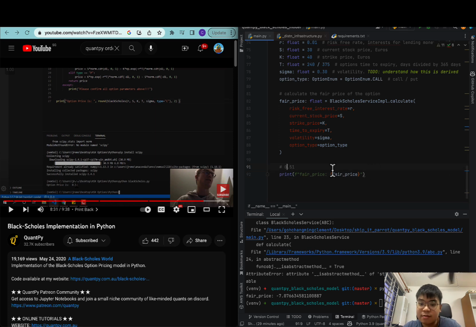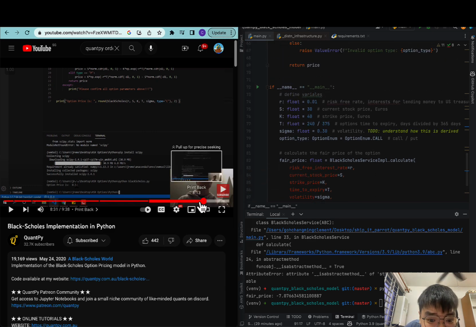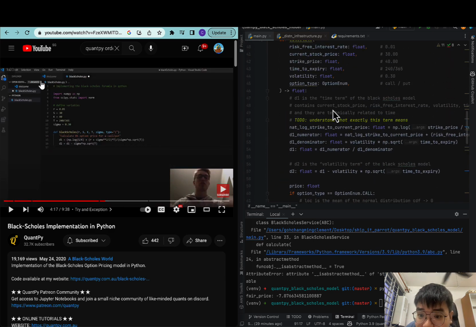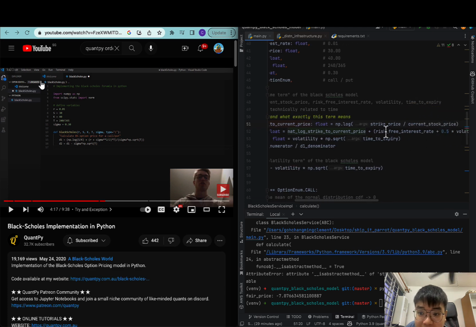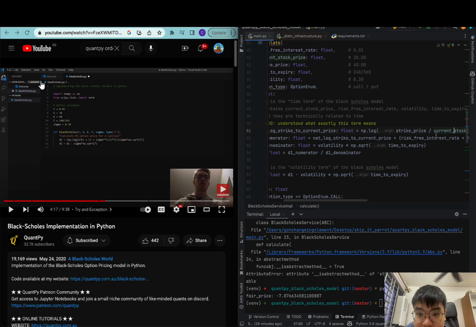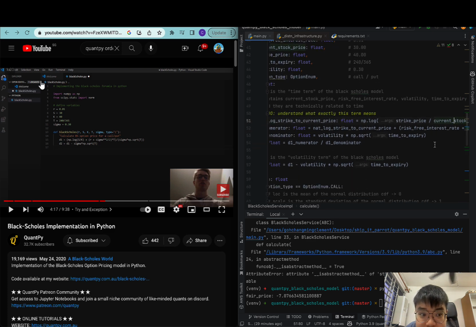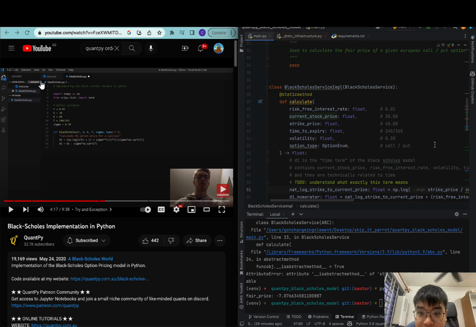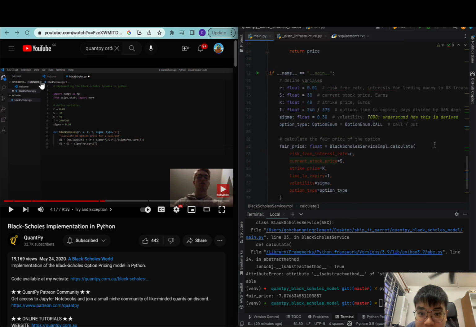So I must have messed up somewhere. So D1 is equals to NumPy log of strike price divided by current stock price. Sorry. Did I flip it? S is the current stock price and K is the strike price.